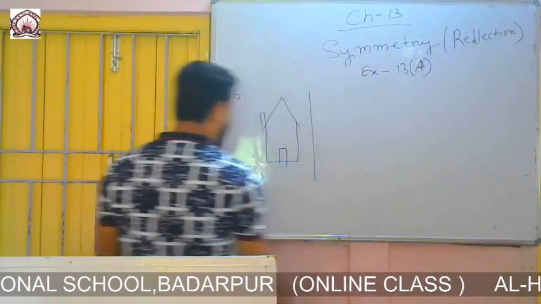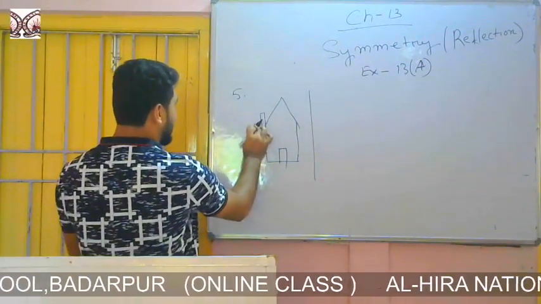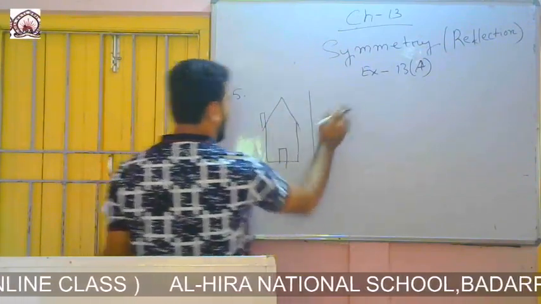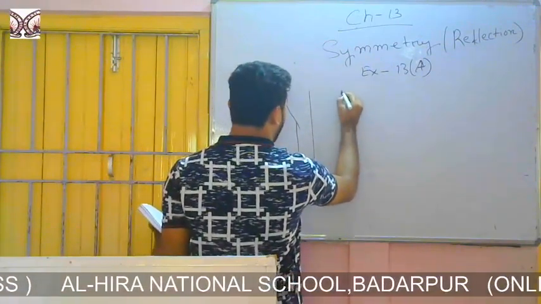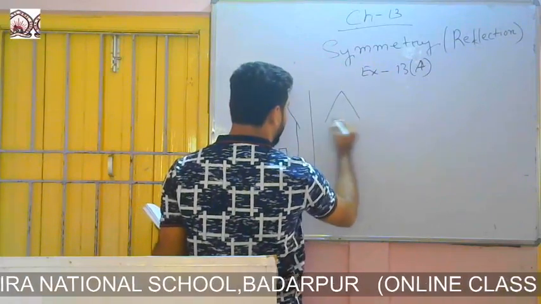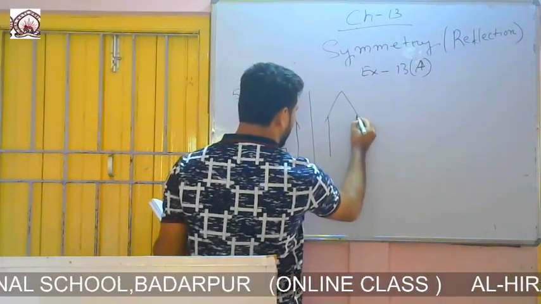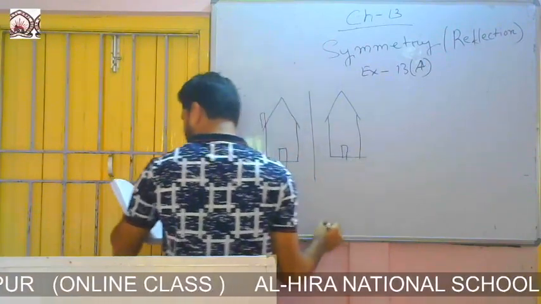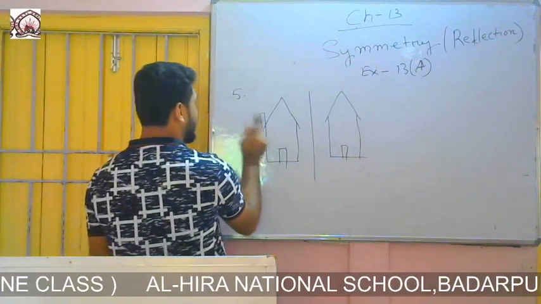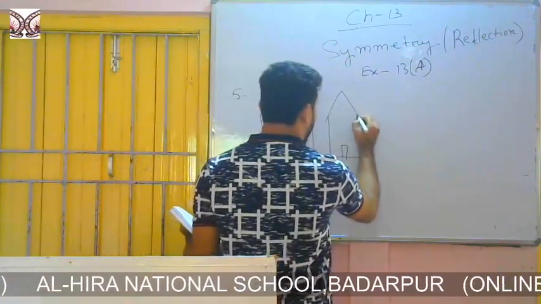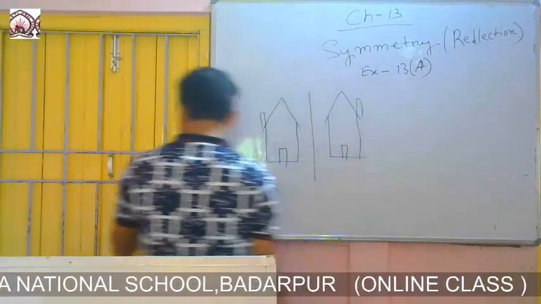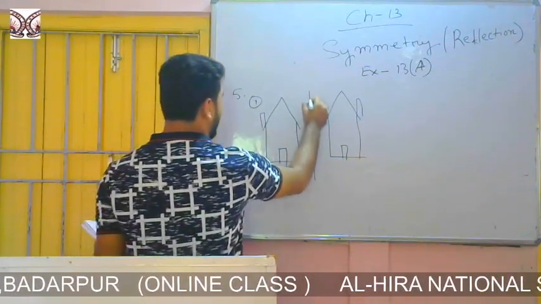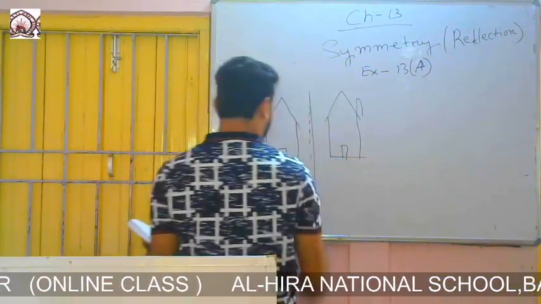If I put a mirror here, then this will go to the opposite, because this shape is not symmetrical, so it will go opposite. We will see the image in the opposite manner like this, and just this will come here. That is number 1, and this is the mirror.